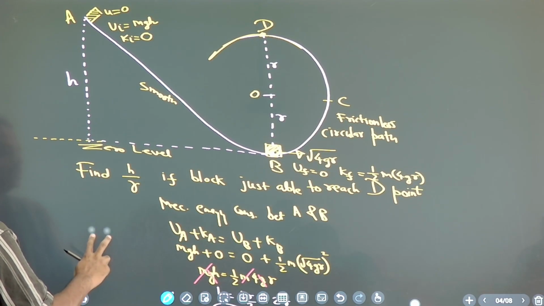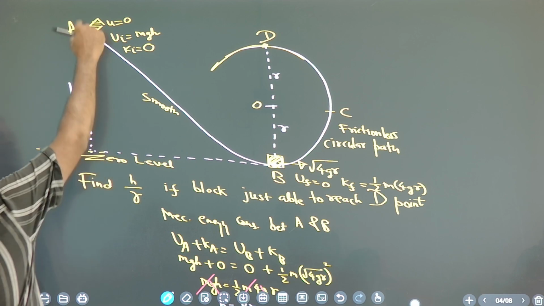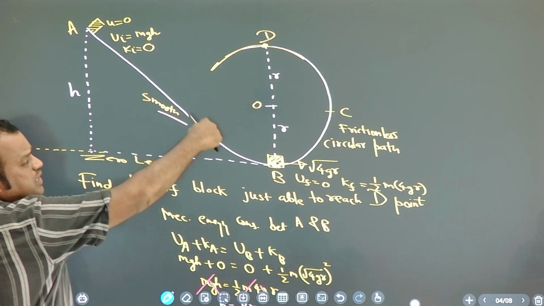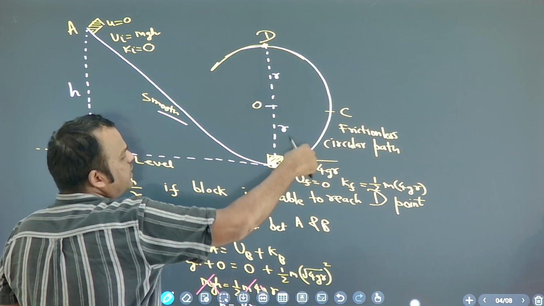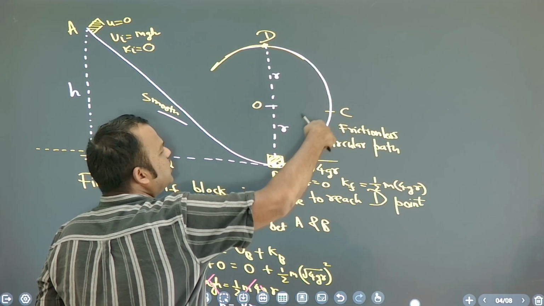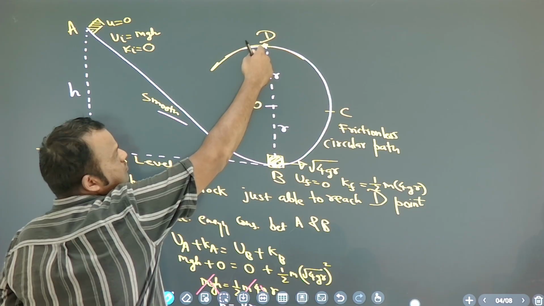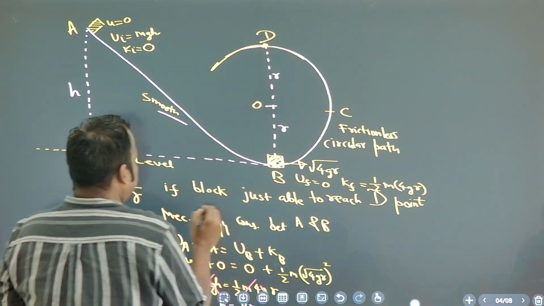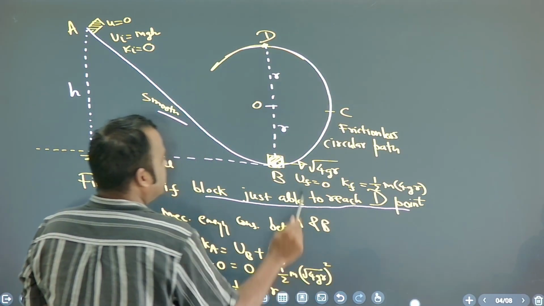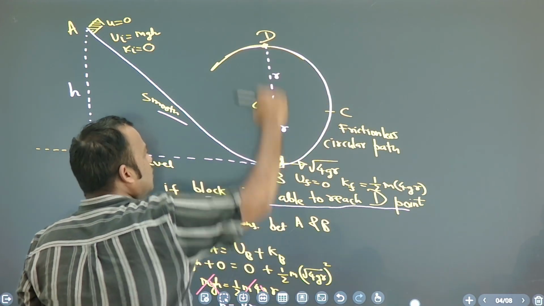So the block is released from A. Now it is sliding on the smooth, frictionless surface. Sliding, speed increasing. After that the circle is there, so speed decreasing. At D, what is the speed? 0, because the block is just able to reach D. It will come to rest at the topmost point, and then it will fall down.